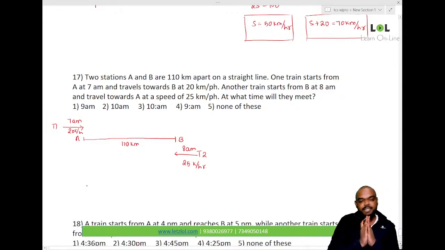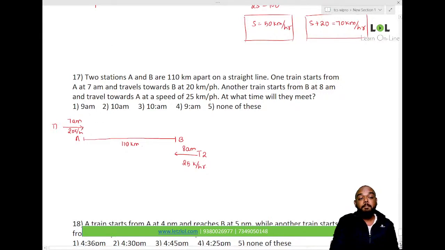Okay, Sangram says 10 a.m. is the answer. Let us see. Now, guys, understand one point. Are both the trains leaving at the same time? No. They are leaving at different times.